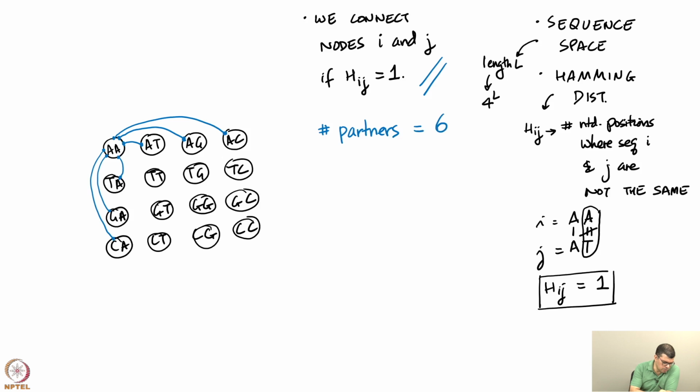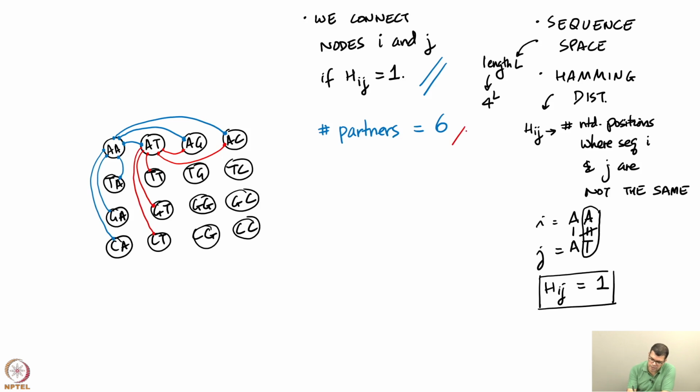By the same token, we can see the number of partners of another node. AA will be a partner, but that has already been connected. AT will be partner with AG and AT will also be partner with AC. Similarly, AT will be partner with TT and with GT and with CT. So again the number of partners for AT as a node will also be 6.